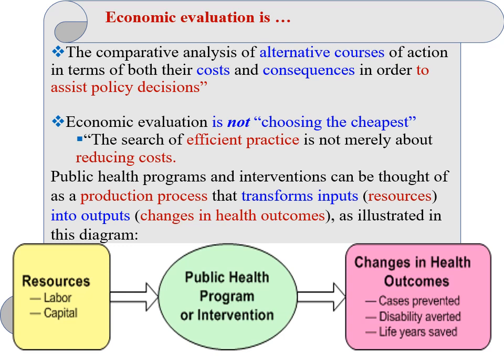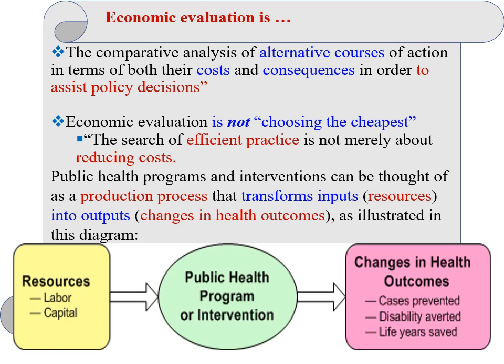So the outcome is either cases prevented or disability averted. When we give any treatment to the people with early intervention, sometimes we prevent disabilities through early intervention, through early treatment, and we prevent disability, in addition to life years saved. Sometimes we save the life of the people and they live for a period of time because of the early intervention.